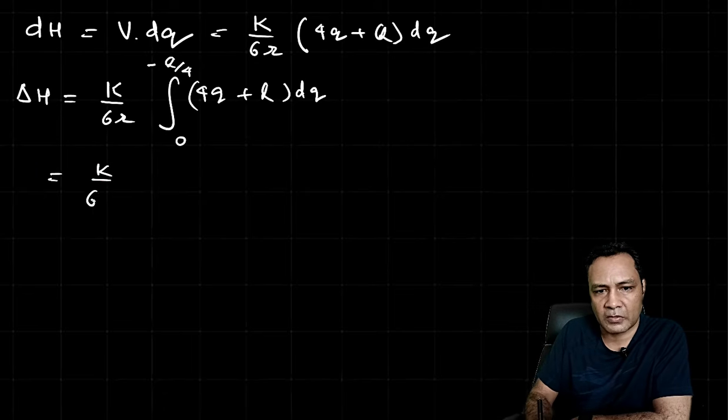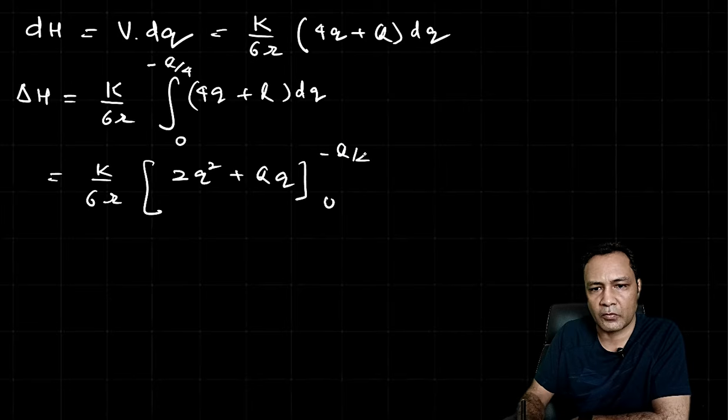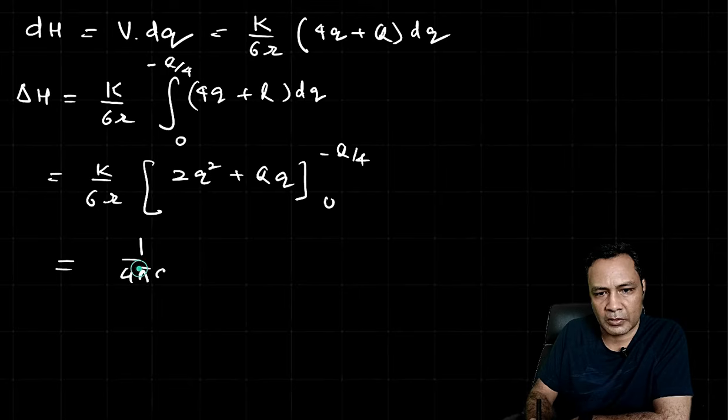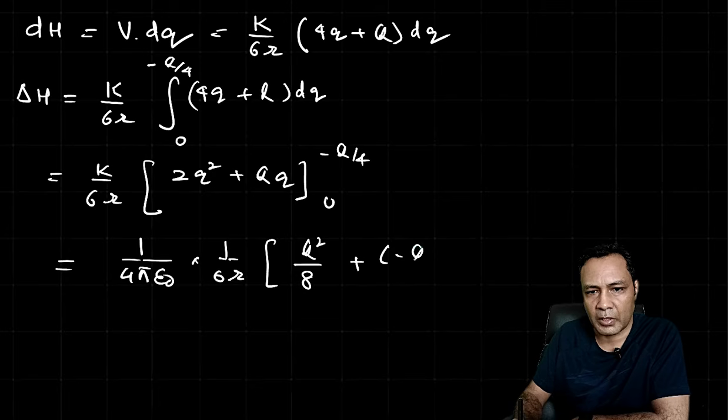So K by 6R, the integration of this will be 4q square by 2, and then capital Q into small q, from 0 to minus Q by 4. I am writing the whole value of K, 1 over 4 pi epsilon naught, 1 by 6R. That will be 2Q square by 16, that will become 8, and this will become minus Q square by 4.